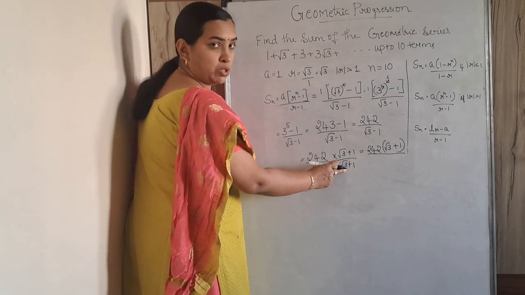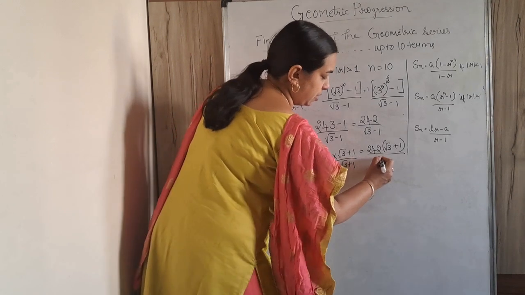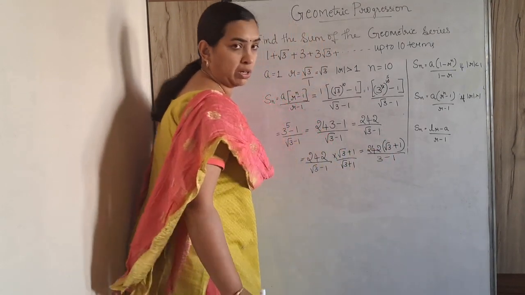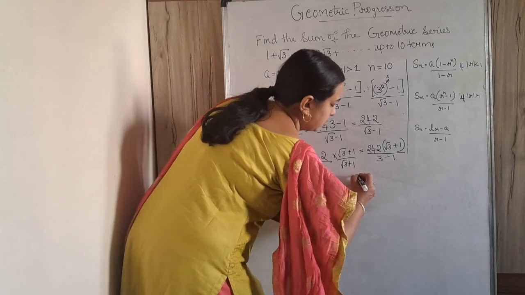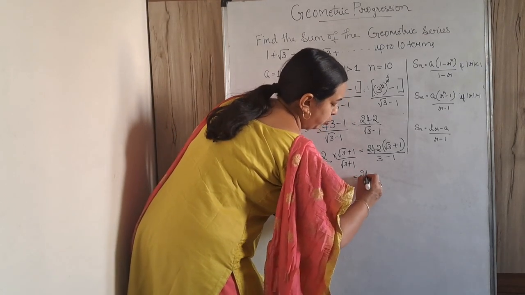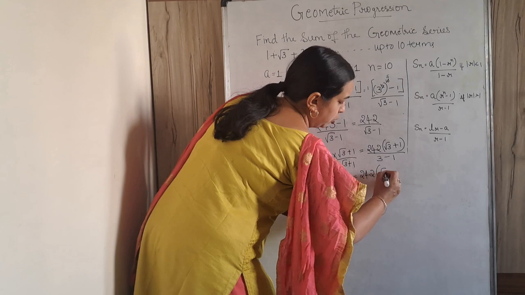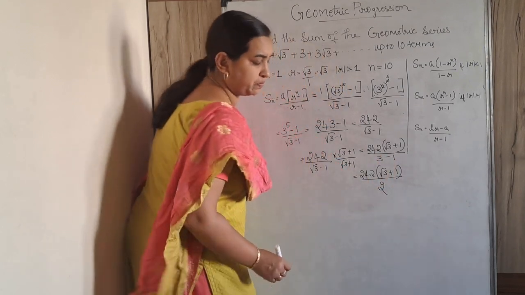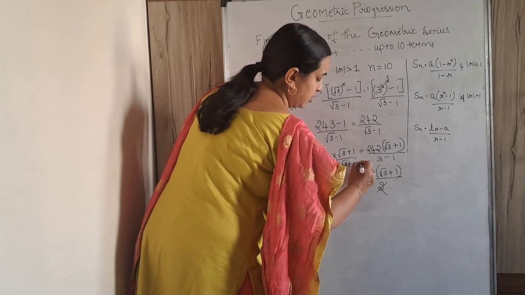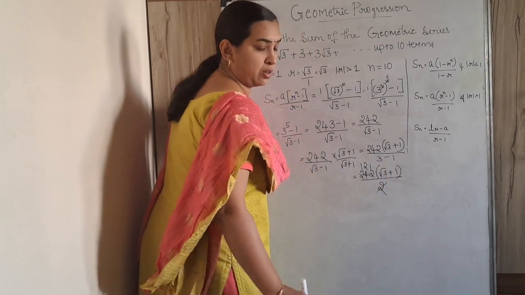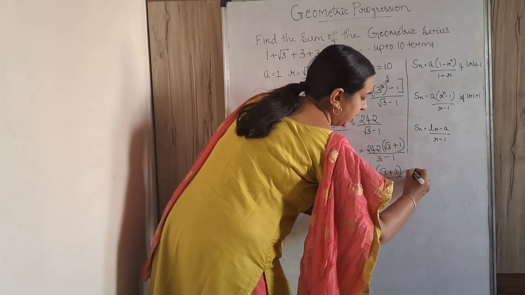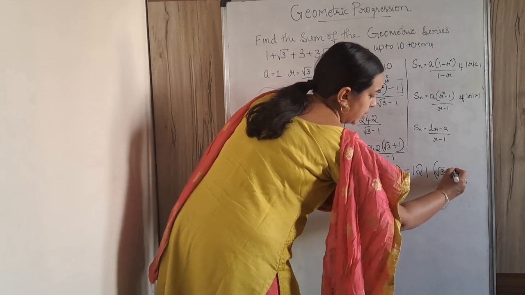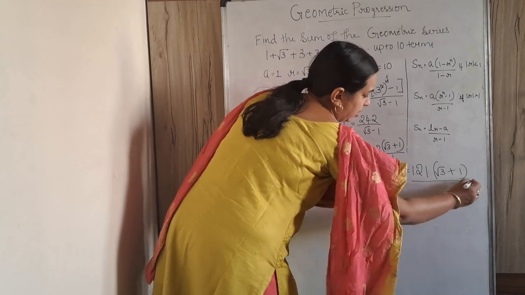So root 3 the whole square will be 3 minus 1 square will be 1. So this would be 3 minus 1. So this is going to be 242 into root 3 plus 1 by 2. So cancel this 1 2 1. Okay. So your answer will be 1 2 1 times root 3 plus 1.